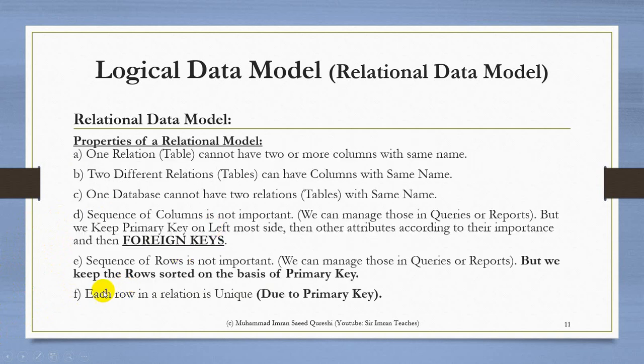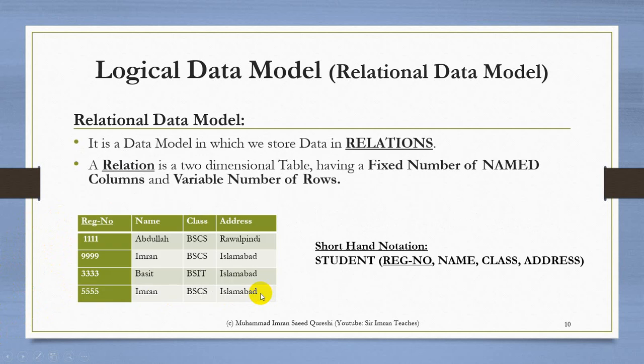And check, each row in a relation is unique. That means each row is different from the other one. Maybe there is another student, Abdullah, who is studying in class BSCS and who also resides in Rawalpindi. So all these three values are the same, but his primary key value will be different, right?